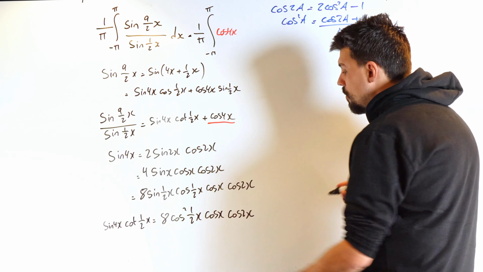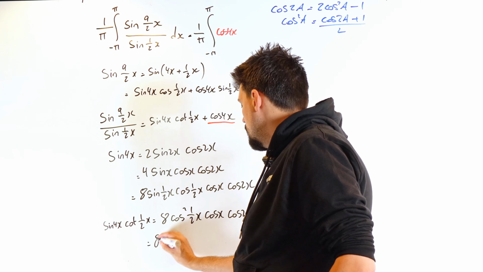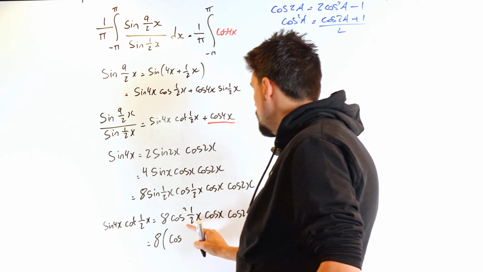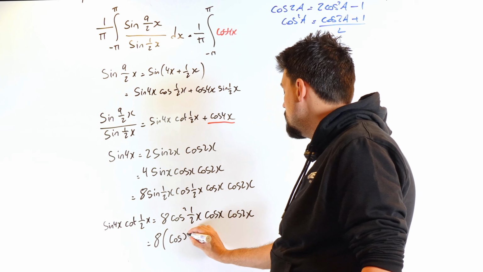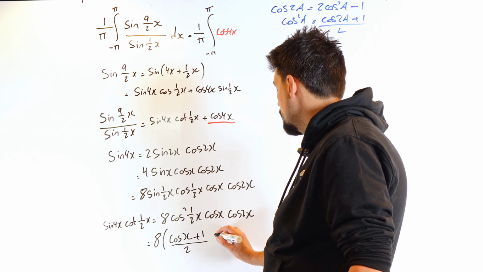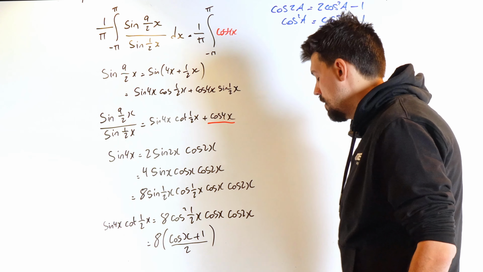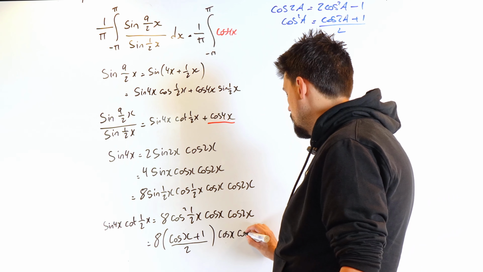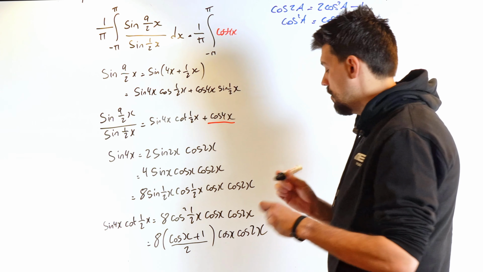So this cos squared becomes cos 2 times a half x, which is cos x, plus 1 over 2, times cos x, cos 2x.